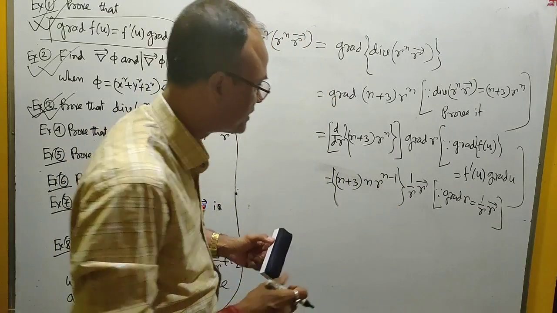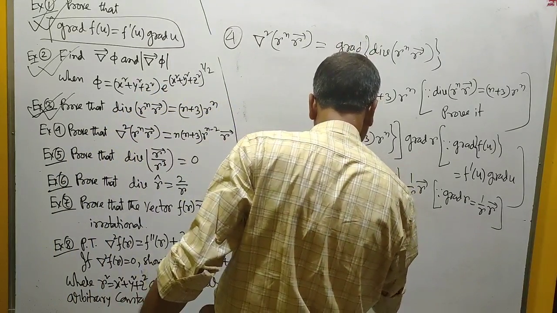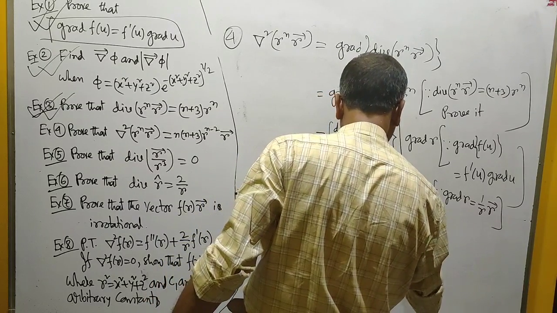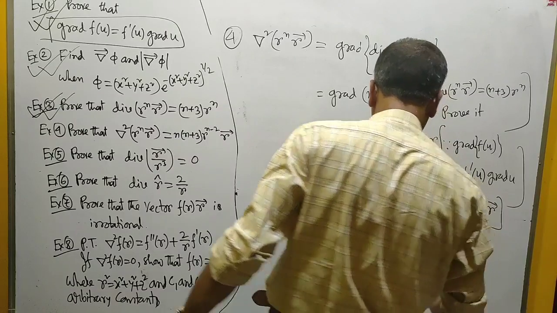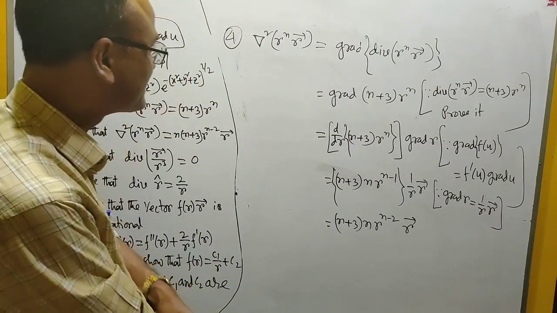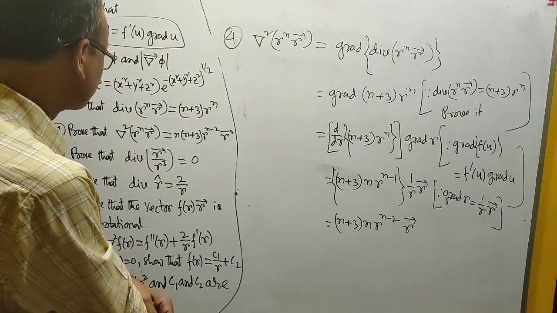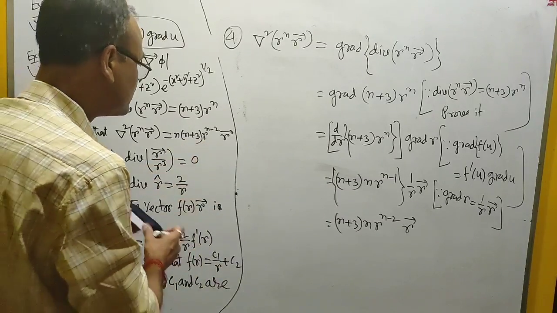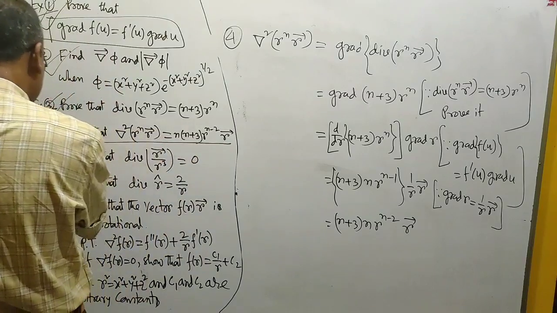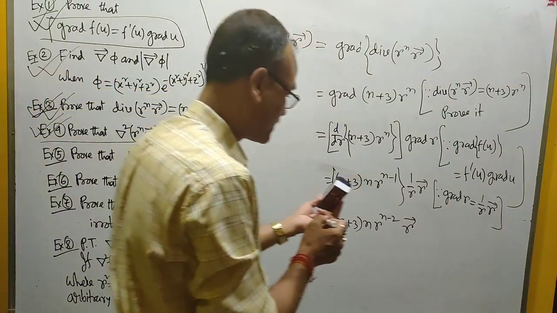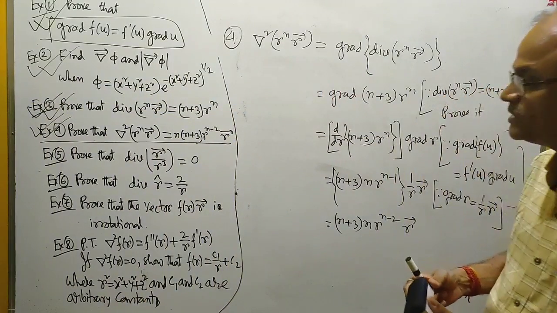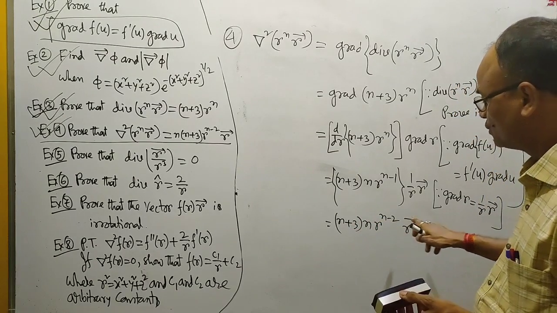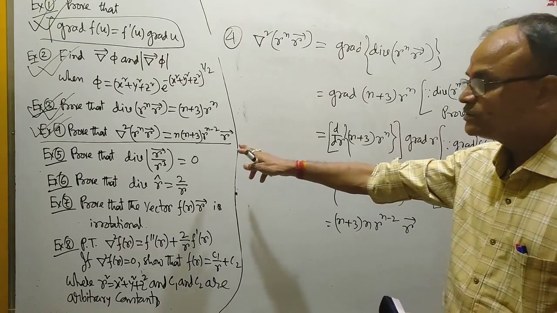I have already proved this. This is equal to n plus 3 n r to the power n minus 2 r vector. So we have proved this one. Number 4 has also already been proved.